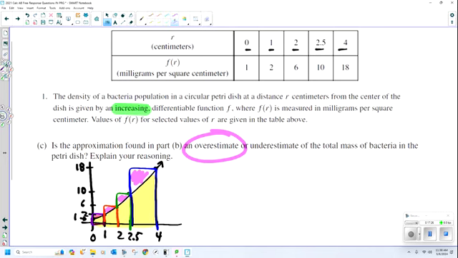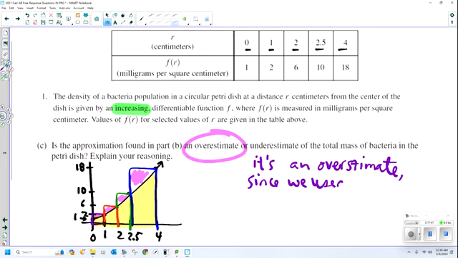And to me, it's quite simple. First of all, I'm going to state it's an overestimate since we used a right Riemann sum, our IE, 2 n's, on an increasing function.